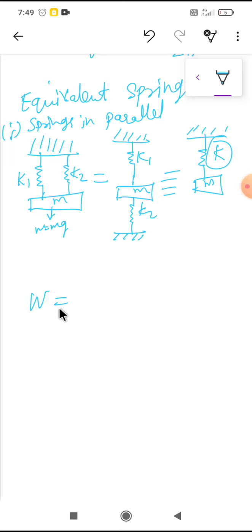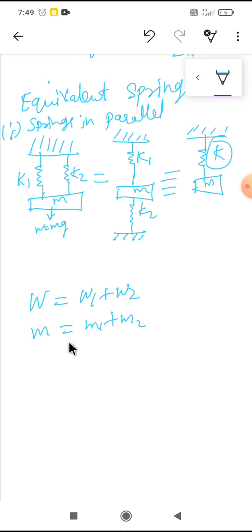So let W is equal to W1 plus W2. That is, some of the weight is carried by this spring and the other weight is carried by the other spring. So I can also write m is equal to m1 plus m2, because g is constant, so g will get cancelled out.